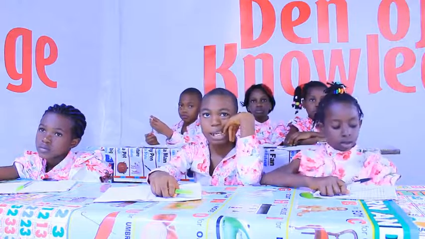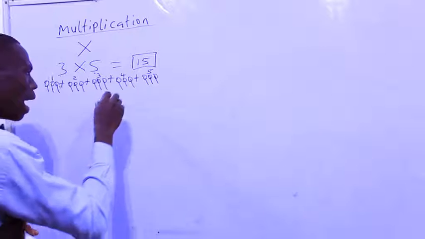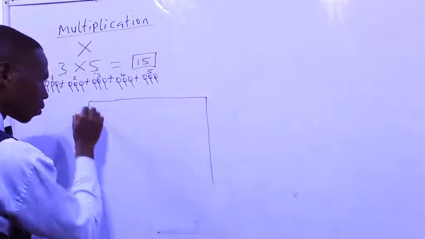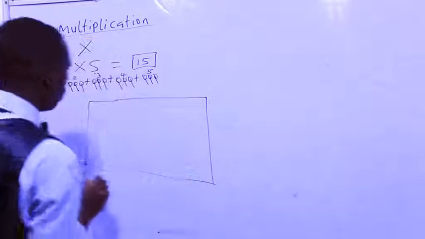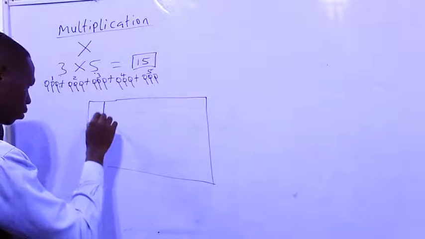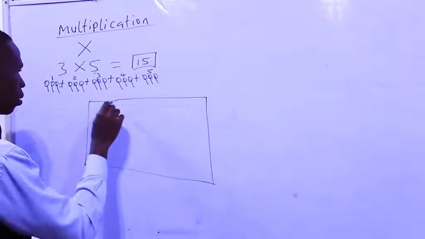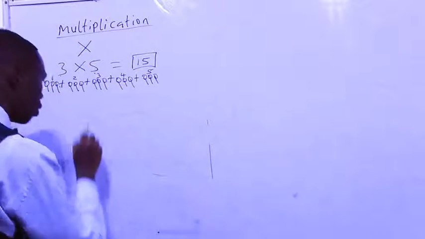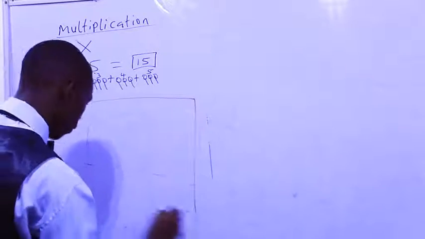That is, if I have a table like this, and it should be 3 times. If I have a long table, let me make it long, just for 3 times.